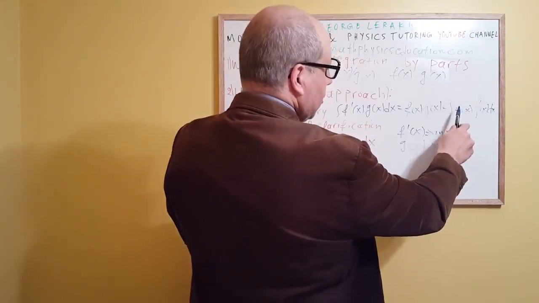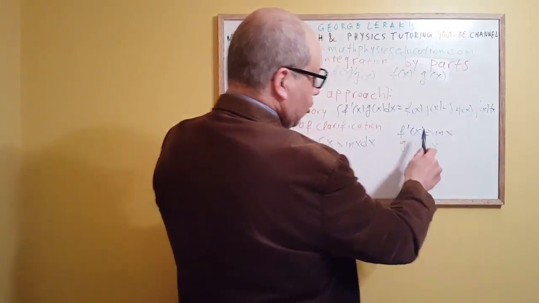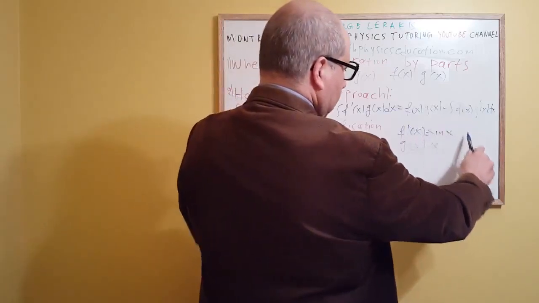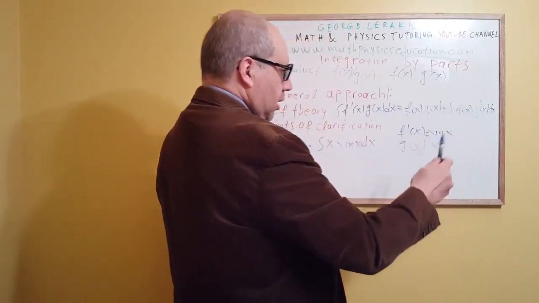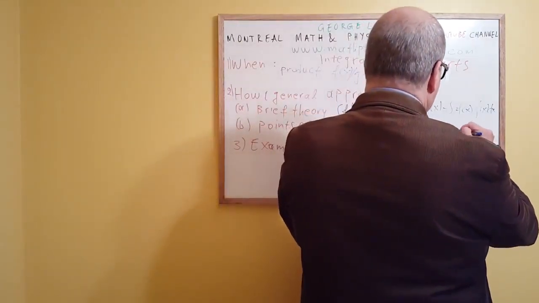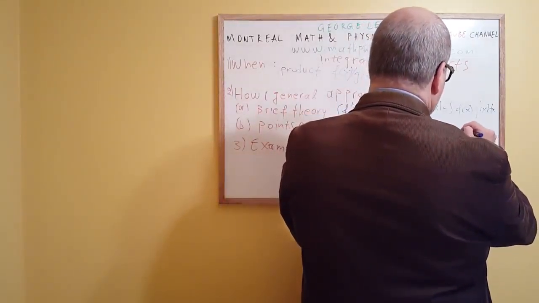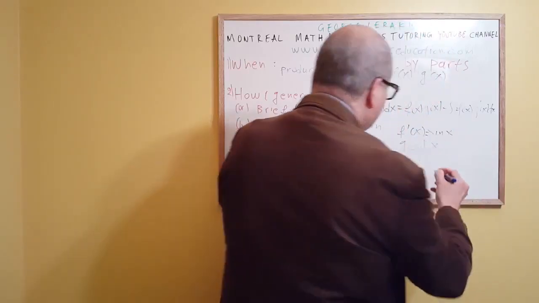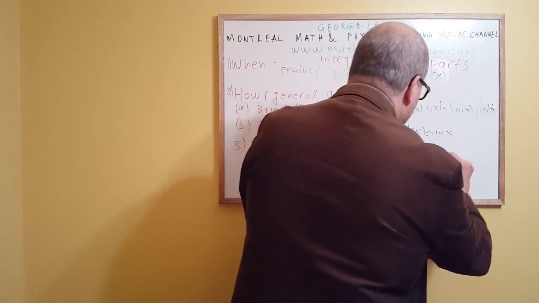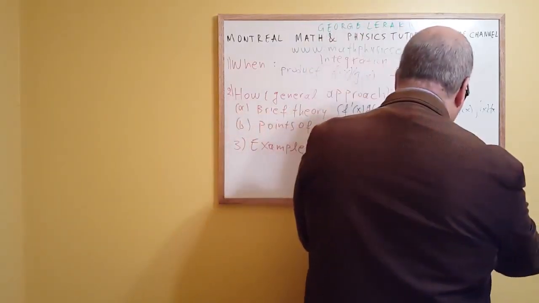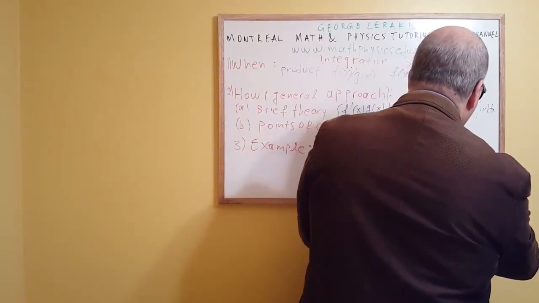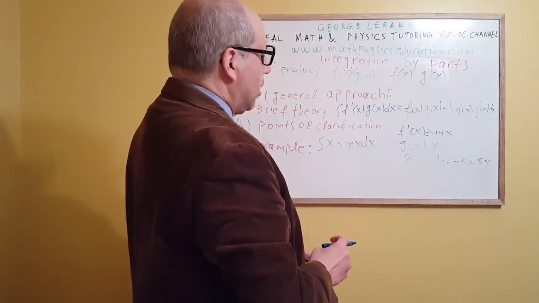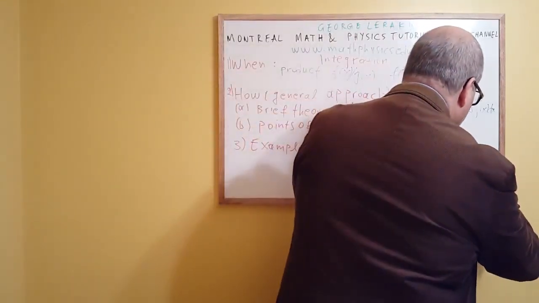Here you have f of x, so to go from the derivative to f of x, you have to take the integral of this function, and of course the integral of sine x dx is negative cos of x, and that's our f of x.